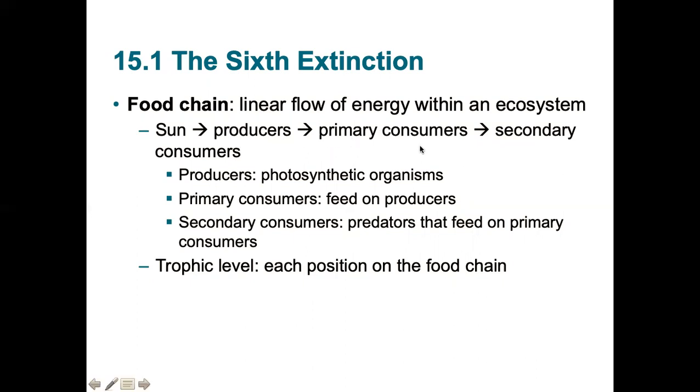Then the primary consumers are the herbivores, the ones that eat the green stuff. This could be algae and fish too, but we usually think about mammals. And then you have the secondary consumers, and those are the meat eaters.